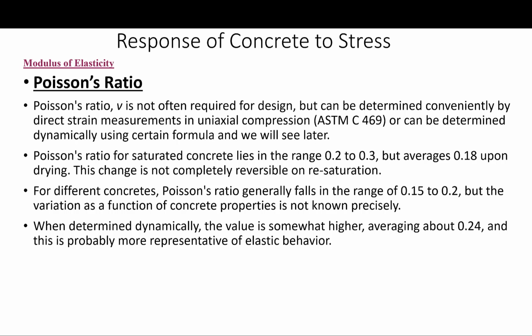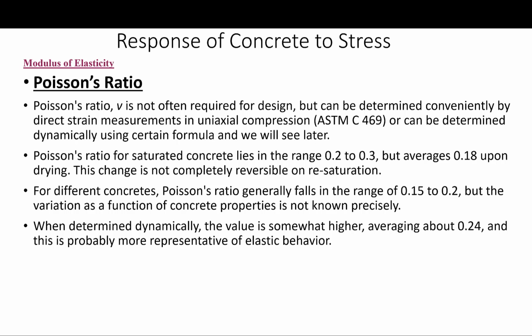The Poisson's ratio for saturated concrete is in the range of 0.2 to 0.3, but it averages about 0.18 upon drying. This change is not completely reversible on resaturation.